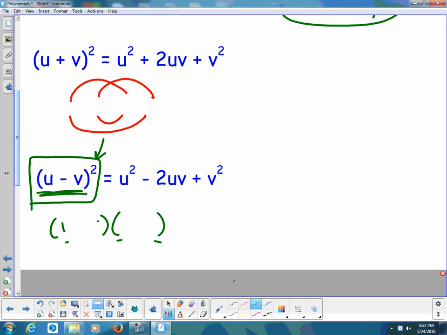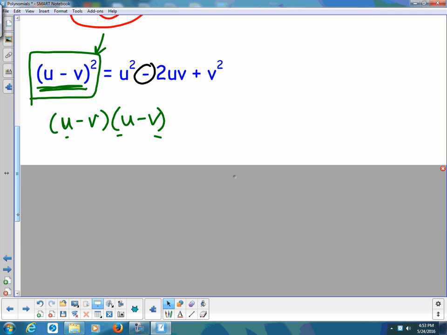Let me fix this up here. (u - v)(u - v), and then my pattern is going to be u squared minus 2uv plus v squared. Notice that these two formulas only differ in this one sign right here. Otherwise, they're exactly the same.